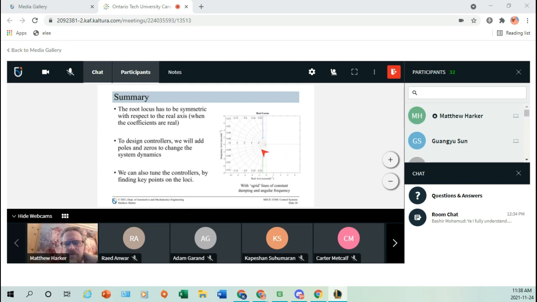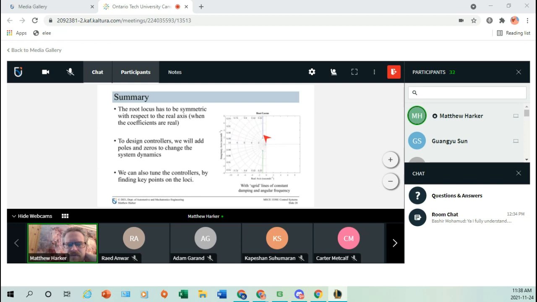Natural frequency 2 gives us this circle here, and then increasing the natural frequency of the system increases the radius, which is why we have this strange sort of polar plot here. And then these real lines emanating from the origin are different damping ratios.